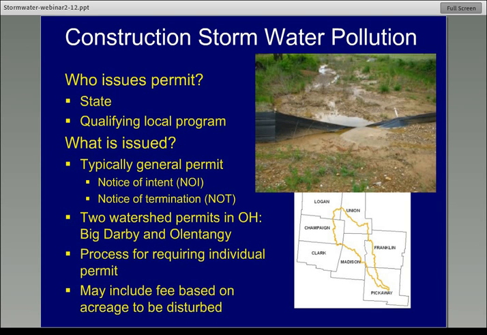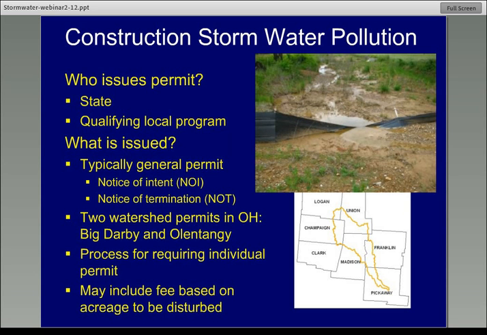And who issues the permits? The state does, unless, as I mentioned earlier, the state is New Mexico, Idaho, Massachusetts, or New Hampshire, where EPA in those cases issues the construction general permit. And sometimes some states define a qualifying local program to administer this program.